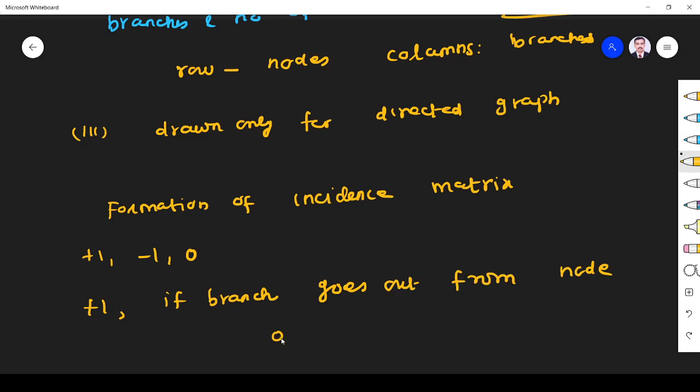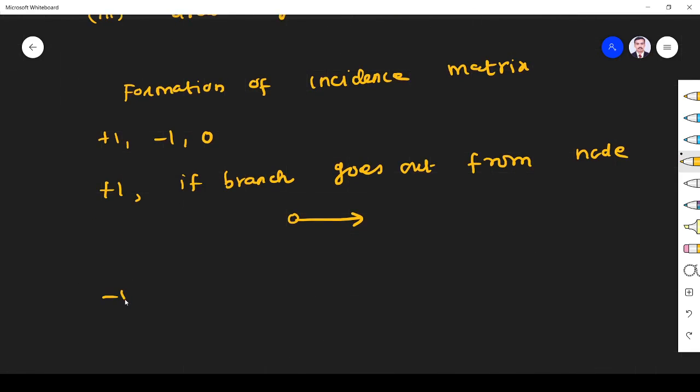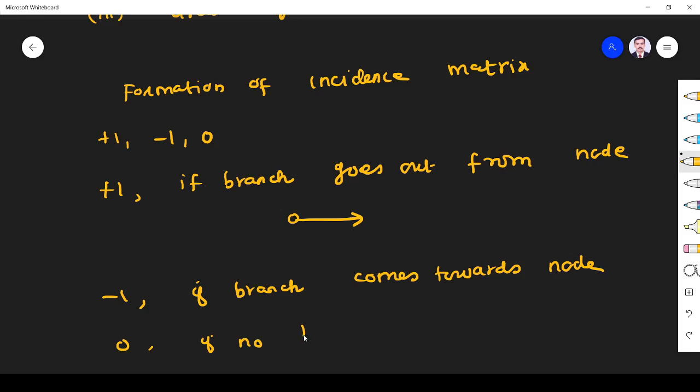If you have a node like this and the branch goes out, we have to enter +1. -1 if the branch comes towards the node. Zero if no branch is connected to the node. So this is the way an incidence matrix is formed.